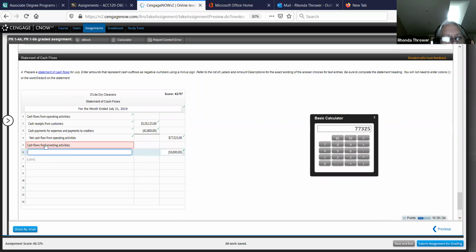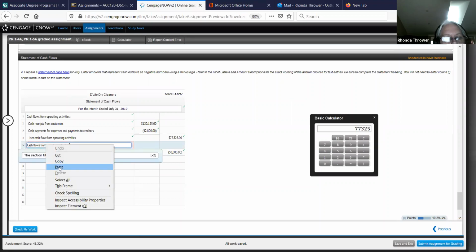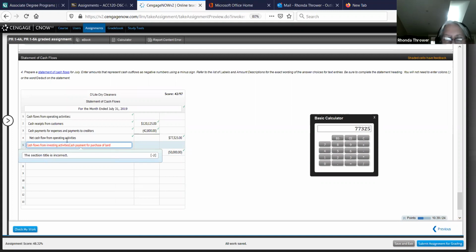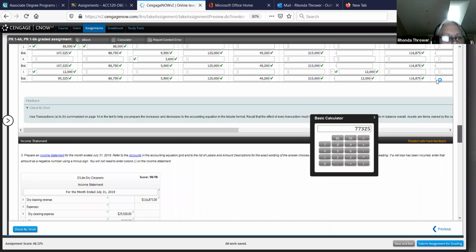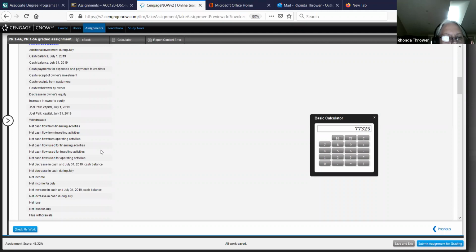I'm going to cut this and I'm going to paste it right here. And I'll put a minus. And then this would have to be the net cash flow from your investing activities. Or net cash used for investing activities.